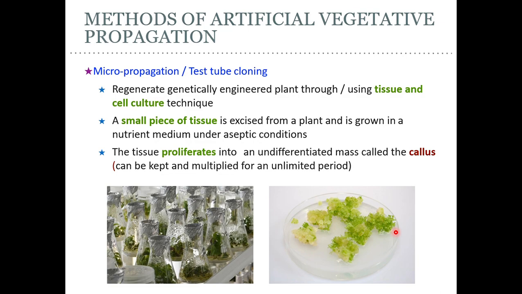A small piece of tissue is excised from a plant, sterilized, and then grown in a nutrient medium under aseptic condition. The tissues proliferate into an undifferentiated mass, which we call callus. This picture shows the callus, or undifferentiated mass of plant tissue. This can be kept and multiplied for an unlimited period.